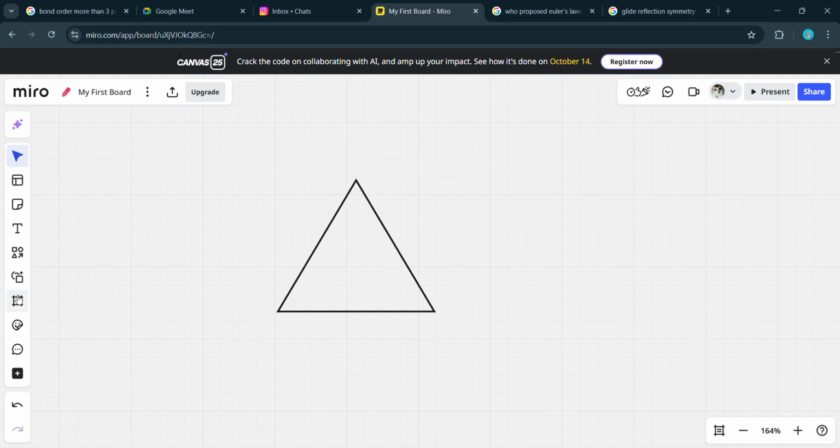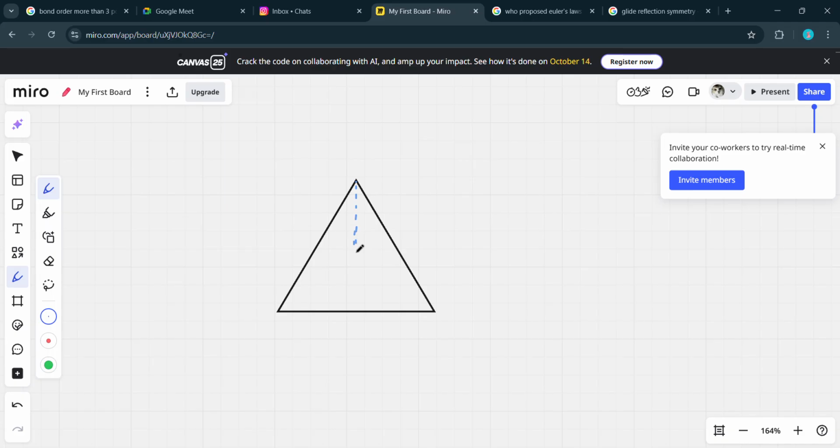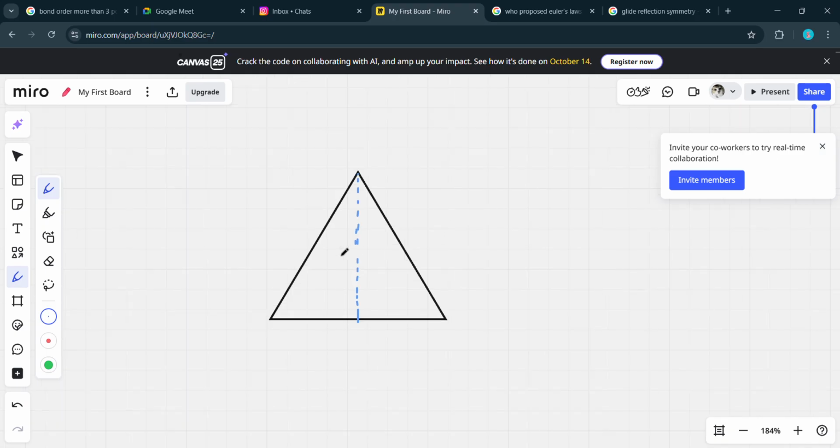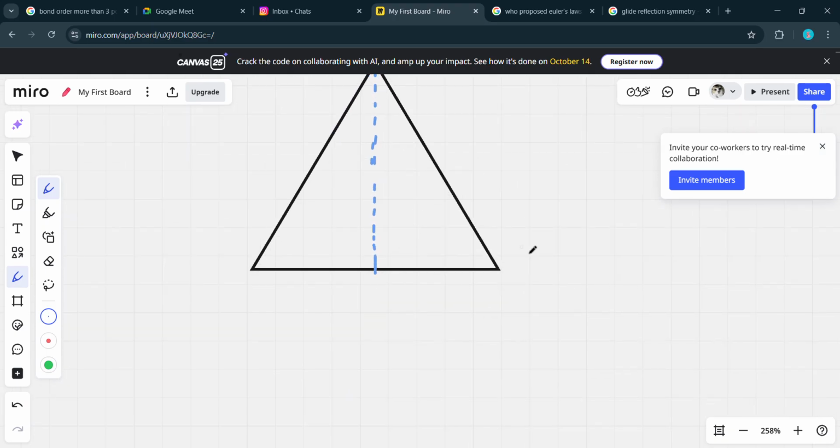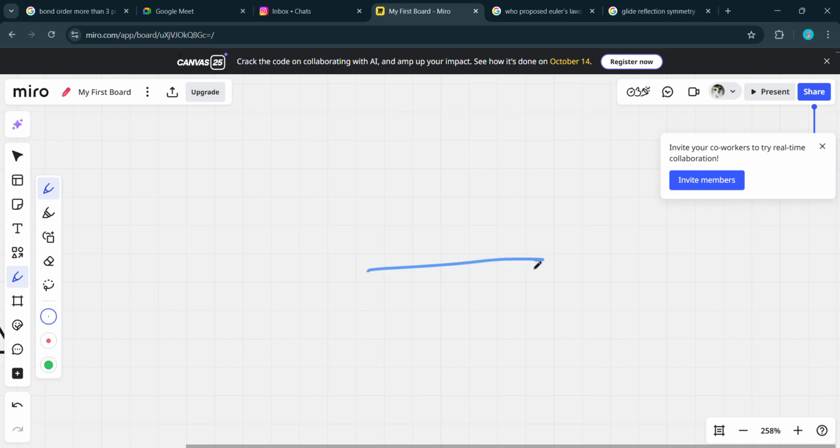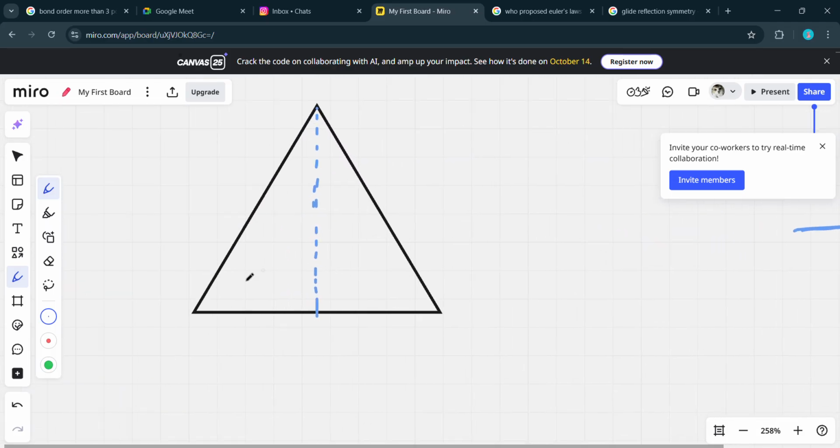For example, in this triangle, I will again revise it right now. If I draw this perpendicular, what is a... oh, you don't know perpendicular, right? A perpendicular is a line which is totally straight. You don't have to understand it right now.